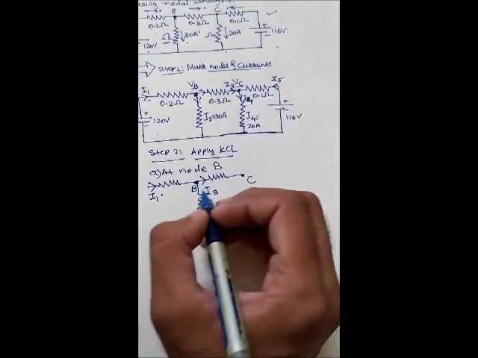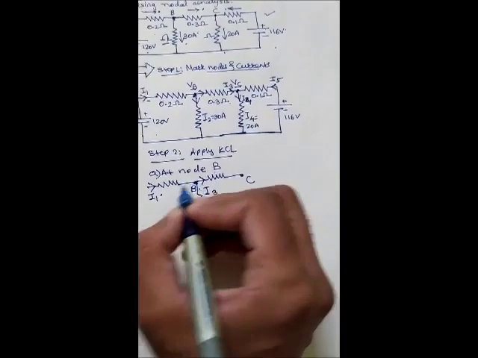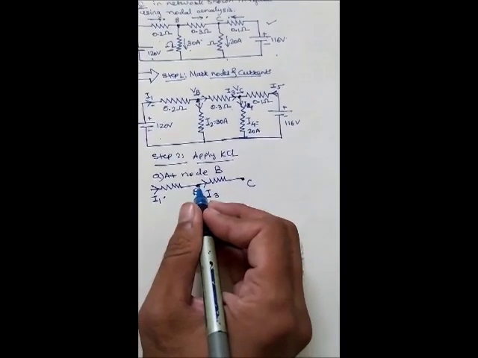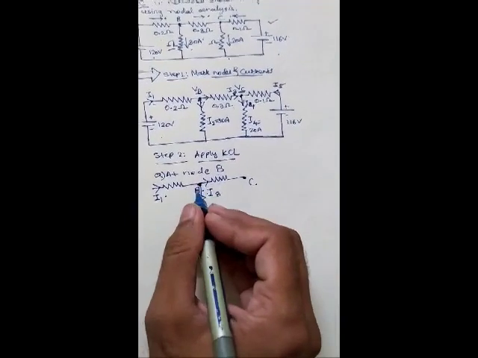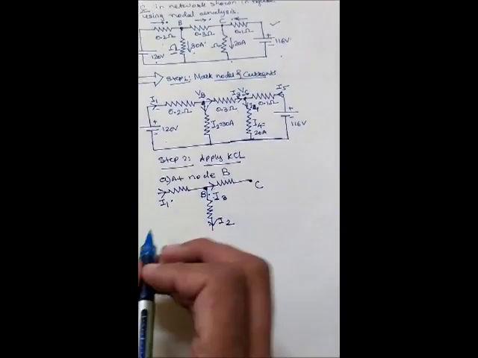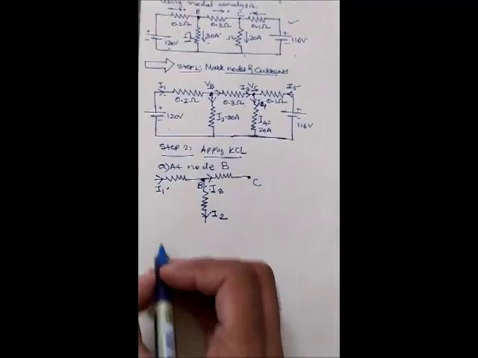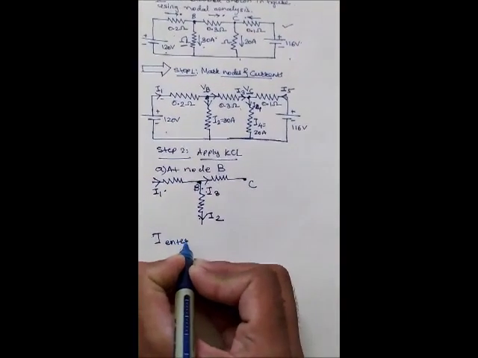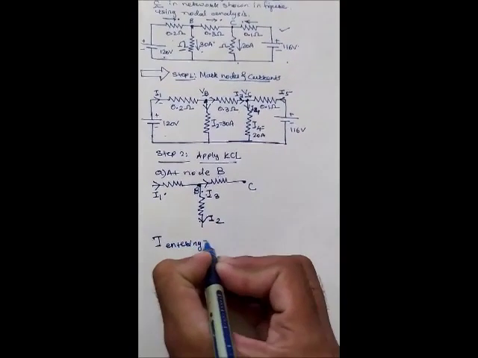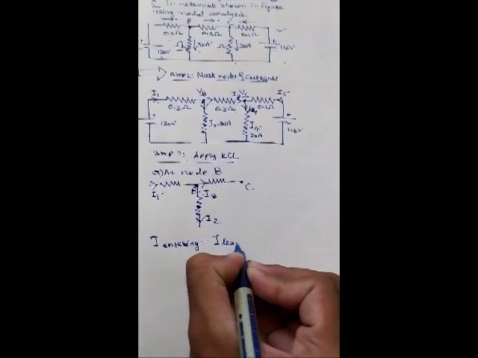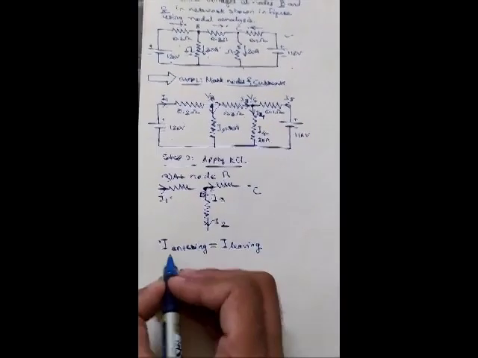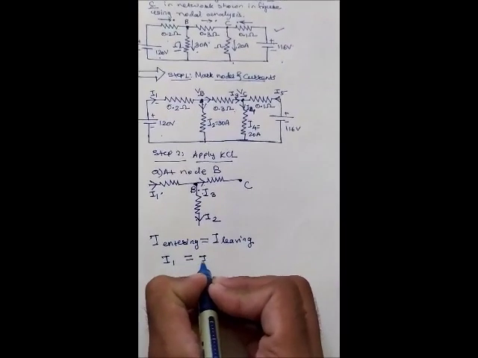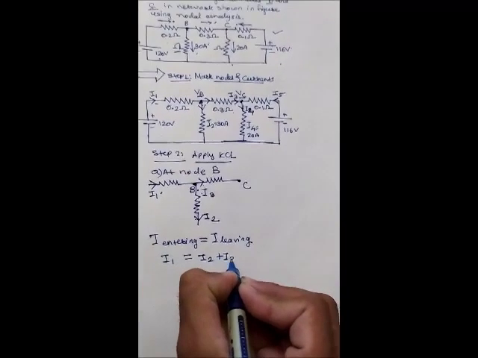Now see the direction here. At node B, current I1 is coming from the input source, that is, it is entering this node point, and I3 and I2 are the currents leaving the node point. Hence, according to KCL, current entering is equal to current leaving. So entering current is I1 and leaving current is I2 plus I3.